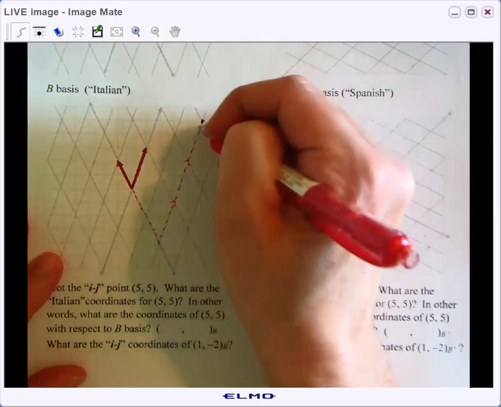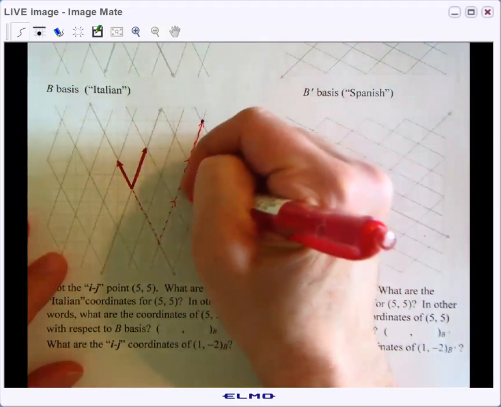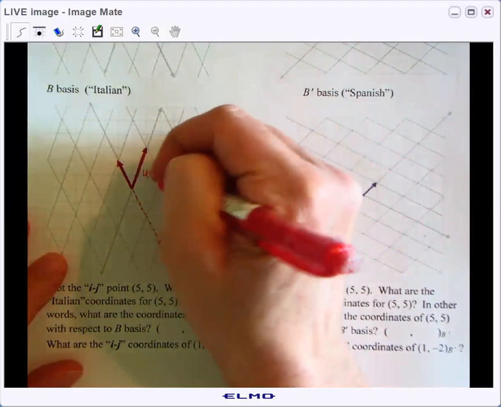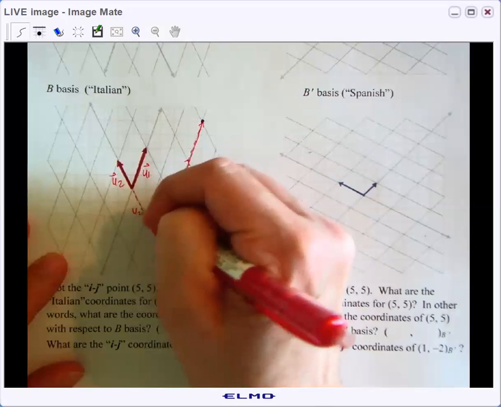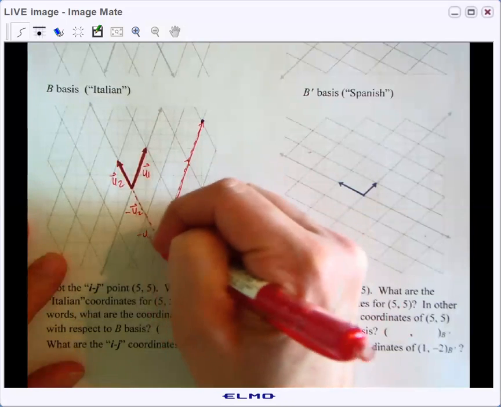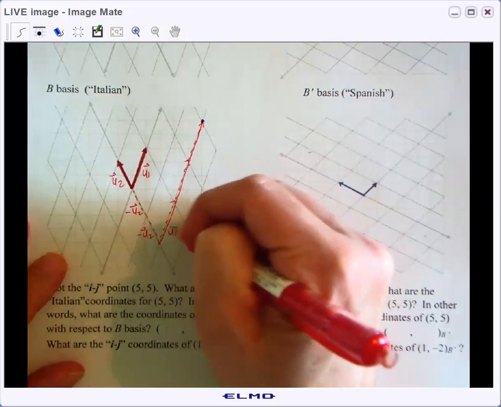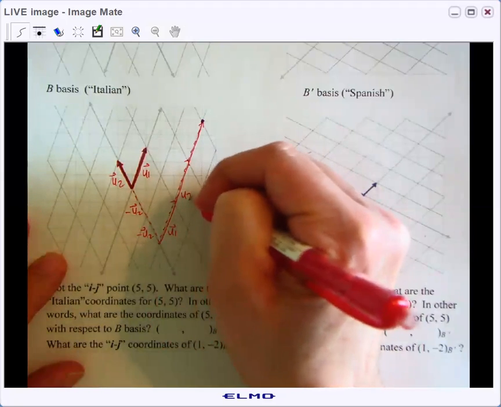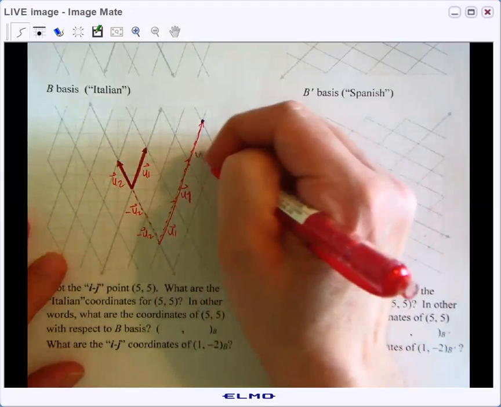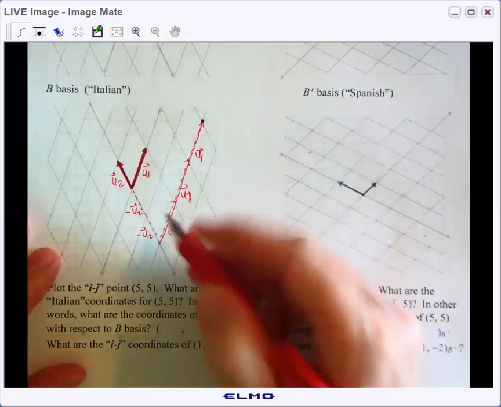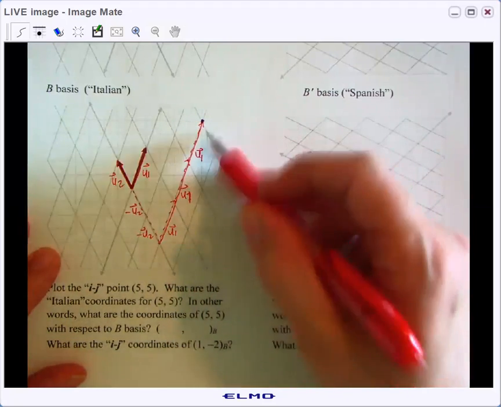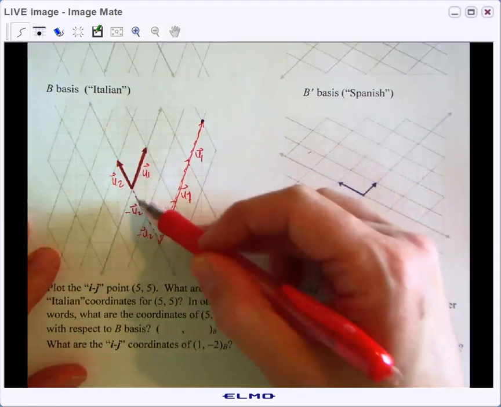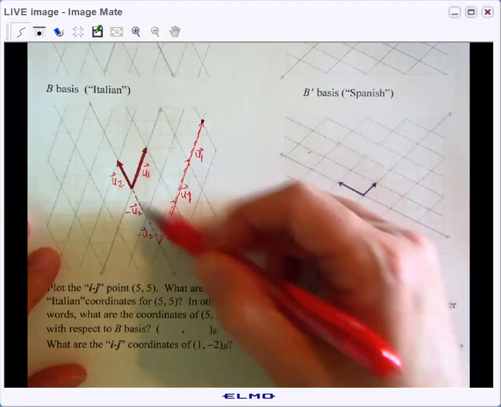To make that, let me call these the U1 vector and U2 vector. Notice, to hit this point right here, I'd need to use 3 of the U1 vectors with -2 of the U2 vectors.